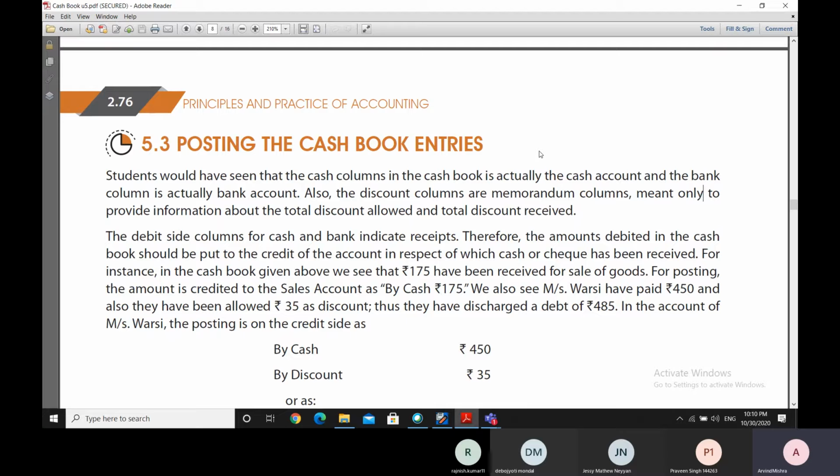But as far as the discount columns are concerned, they are not working as accounts. They are simply giving us information how much total discount is allowed and how much total discount is received when we total up the discount column entries. And so therefore it is just a sort of a memorandum column.